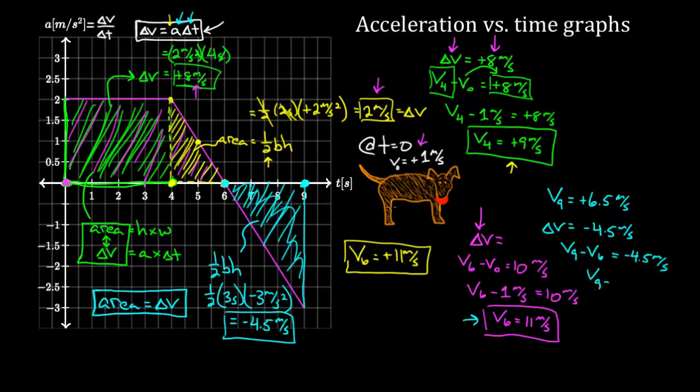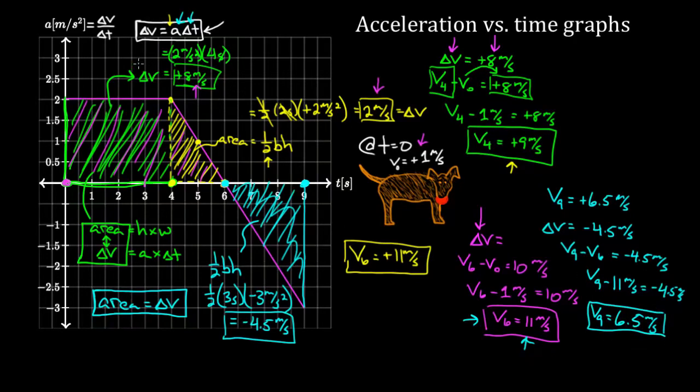V at 6 we know, V at 6 was 11. So I've got V at 9 minus 11 meters per second equals -4.5. Whoa, running out of room. V at 9 would be -4.5 plus 11. That's what we did up here. We got that it was just 6.5 meters per second, and that agrees with what we said earlier.